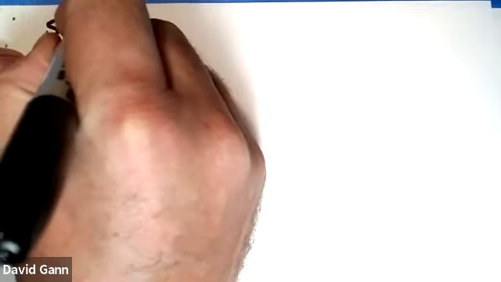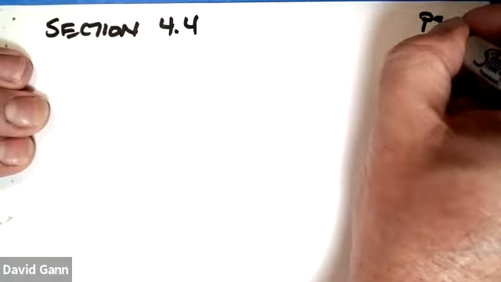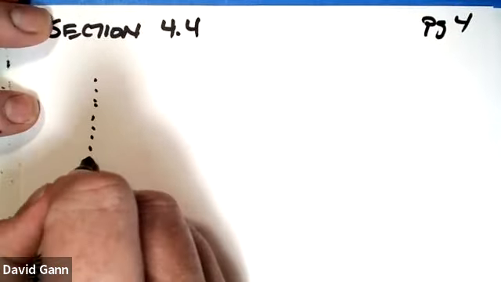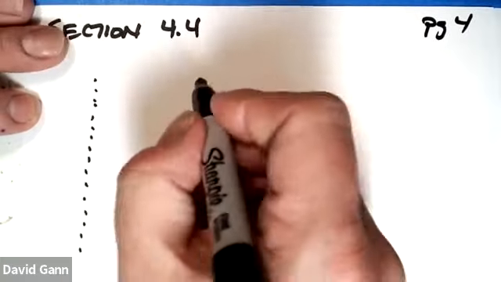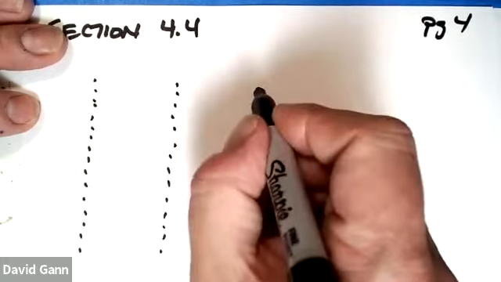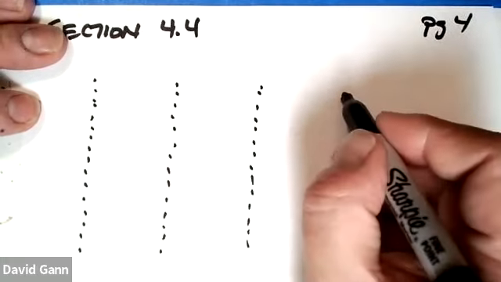So this is section 4.4, page number 4. So let me start again by drawing a sequence of successive vertical asymptotes.